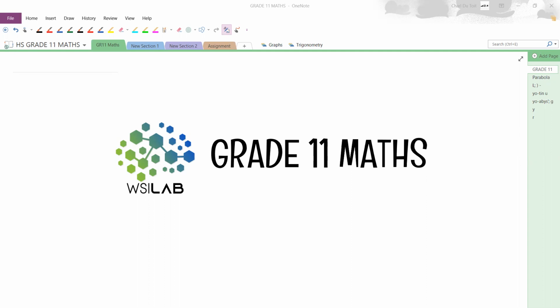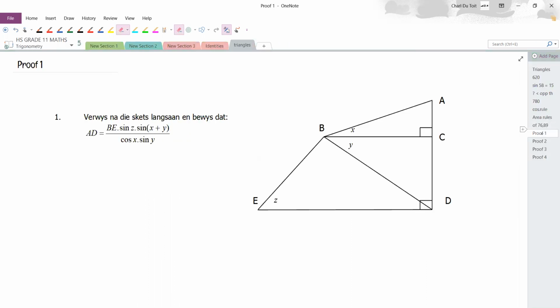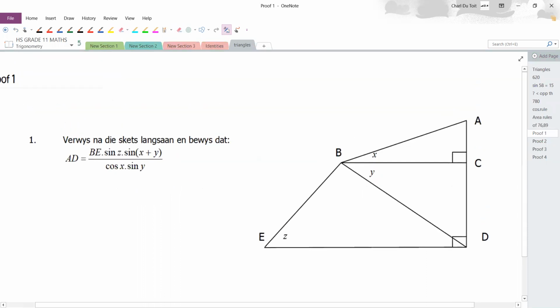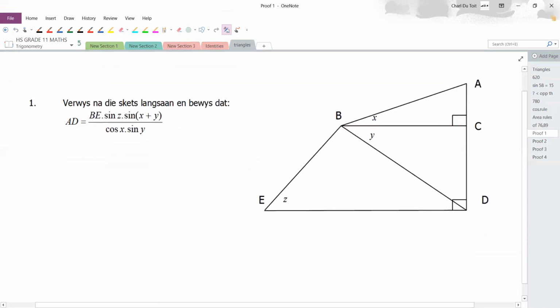Did you see any sums where you didn't find any values, but they just give you unknowns, like angles, like thetas, and you have to prove something? Let me give you an example. Your textbook doesn't have any of those in?